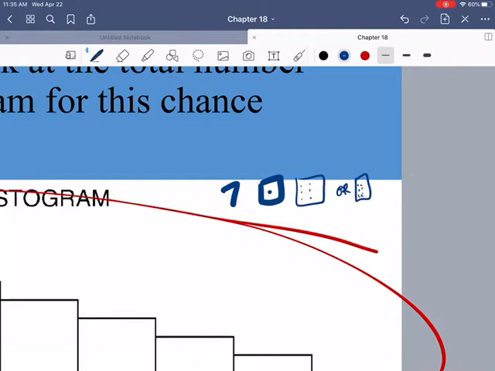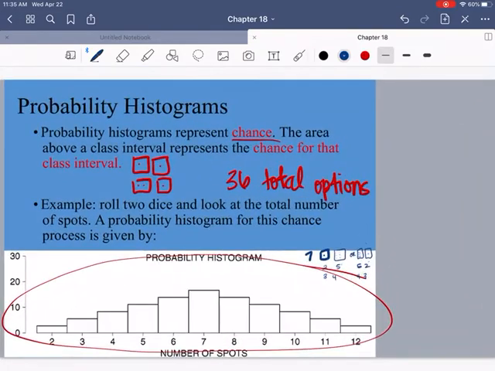Oh, that's an 8. Okay. Or a 2 and a 5, or a 5 and a 2, or a 3 and a 4, or a 4 and 3. So we have 1, 2, 3, 4, 5, 6 different ways to get a 7. So there's 6 out of a total of 36 different options.